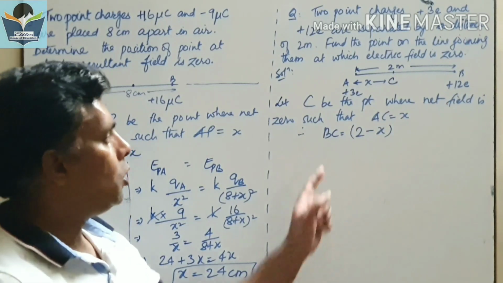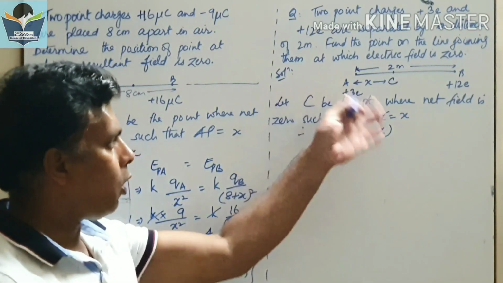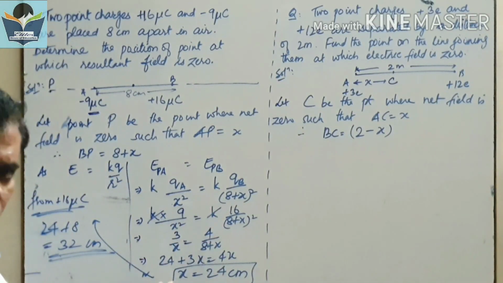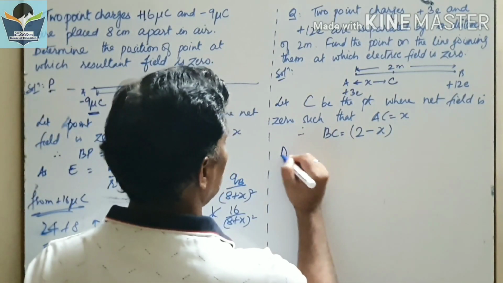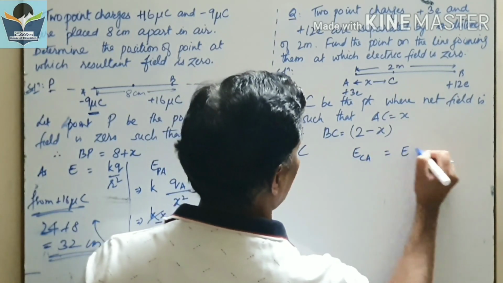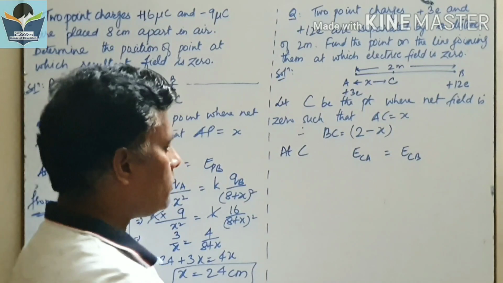Again remember, no need to convert the charges into standard SI units, and the distance is also not required to change. You can see here we had no use of converting that. So same here. Now the field at C because of A must be equal to the field at C because of B. Then only they will be balancing each other.